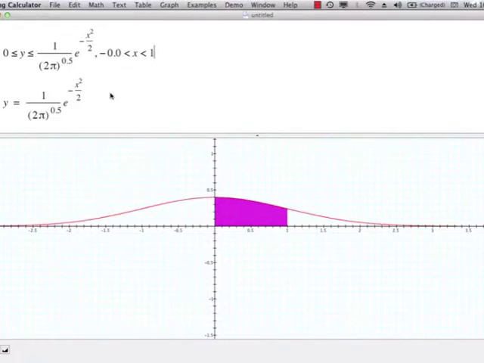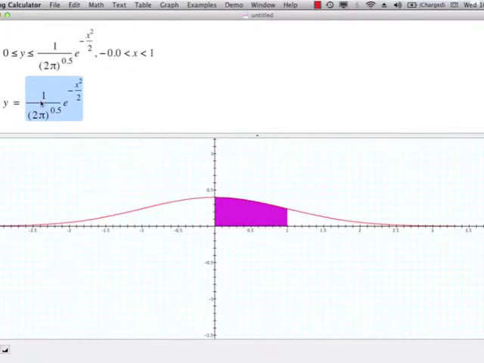Well, what I need to do is integrate this function. It doesn't look all that awful, but it is awful, and there's essentially no way that you can integrate it without using numerical methods.